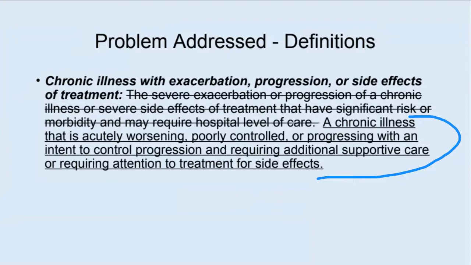This is terrible wording. What it means is the chronic illness is acutely worsening, poorly controlled, or progressing. Treatment is aimed at controlling the progression or worsening of the condition. Treatment will provide supportive care and treat side effects. So they've crossed out this first sentence, and they've made it much more explicit.